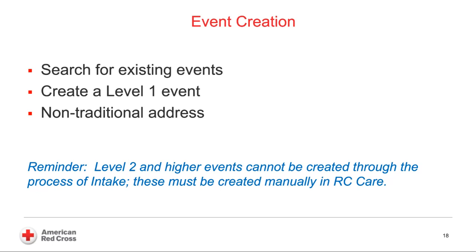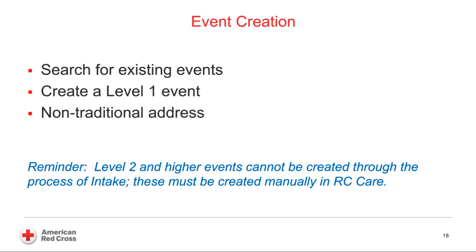So as part of the intake process and creating that client record, every case that we create in RC Care is attached to a disaster event, specifying the event type. Typically, it's going to be a single family fire, but it could be other events, and also that event level.